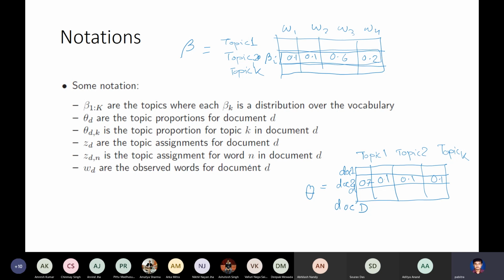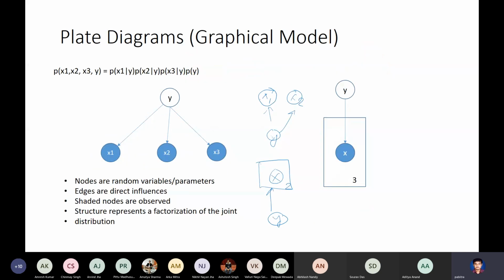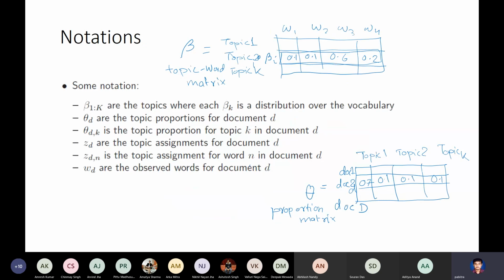So these two you keep important. Theta is called the proportion matrix, and beta is called the topic matrix, or sometimes the topic word matrix. These two are most important.